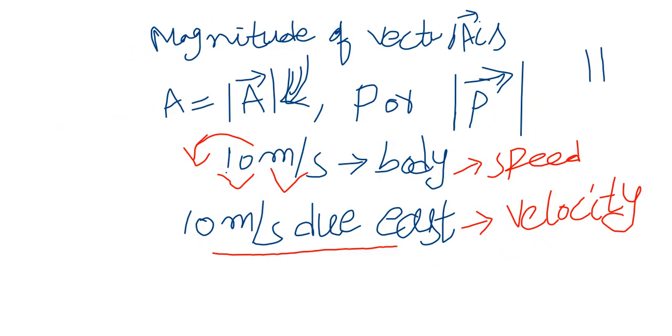So how can you find the magnitude of vectors? Suppose A is a vector, its magnitude is A or modulus of A bar. P is a vector, that means P or modulus of P bar.